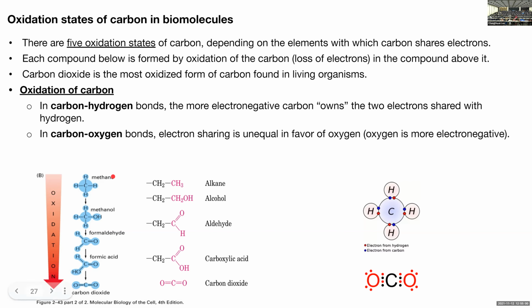So carbon will have fewer electrons, and you can take it as a loss of electrons. Again, when oxygen or more electronegative atoms are bound to carbon, it is considered the oxidized form, where the carbon loses electrons.